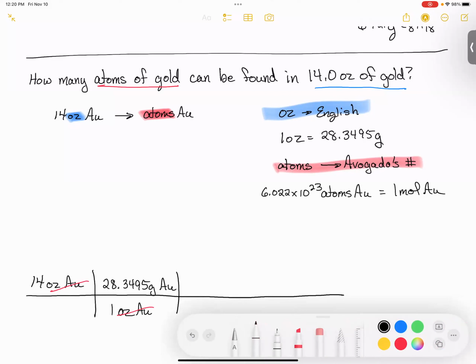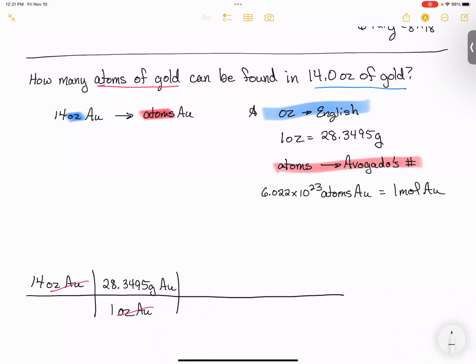Now, I like this particular problem for a reason. First of all, once you've used a conversion factor, you can't use that conversion factor again. But the other conversion factor doesn't have grams in it. It has moles and molecules.